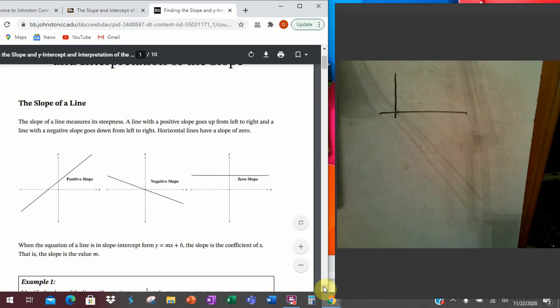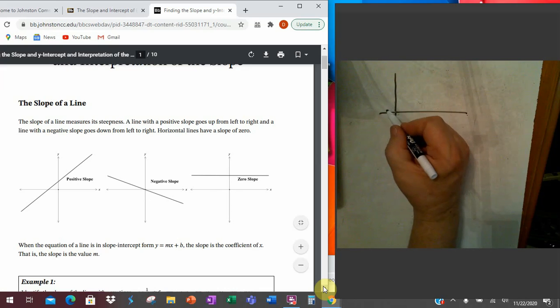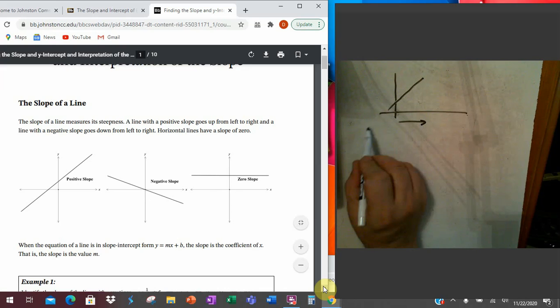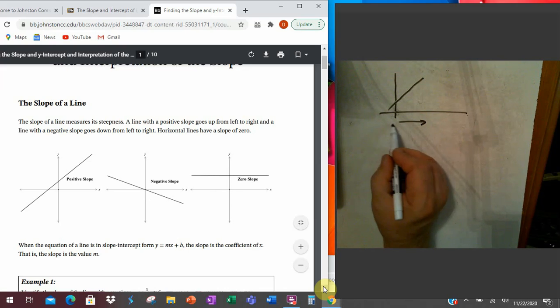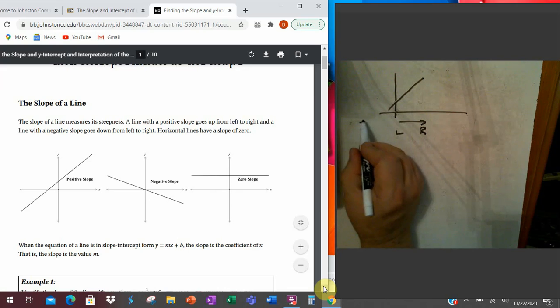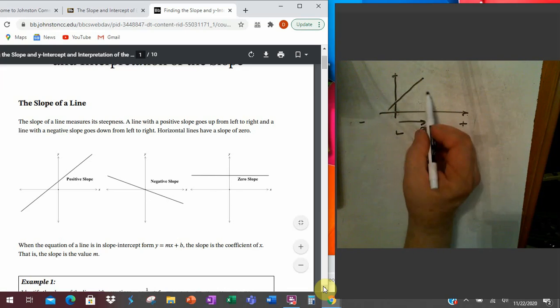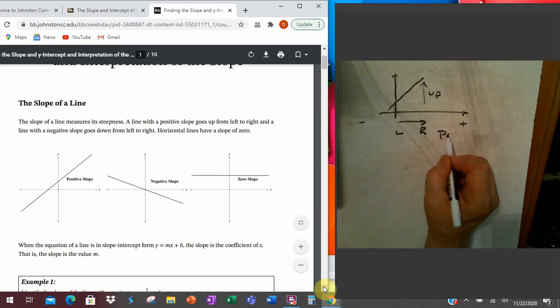When we do linear regression in class, we're going to talk about different things. So here, going from negative to positive, just like reading a book, left to right. Here are negative numbers out here, positive numbers out here. If I go left to right and I'm going up, this is a positive slope.